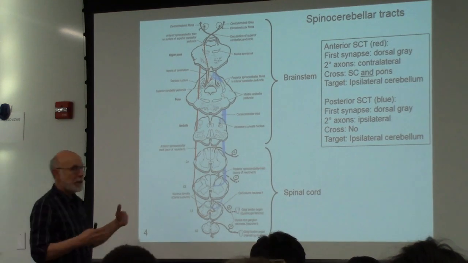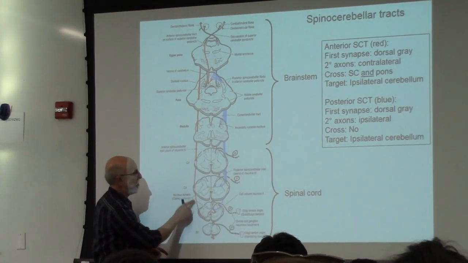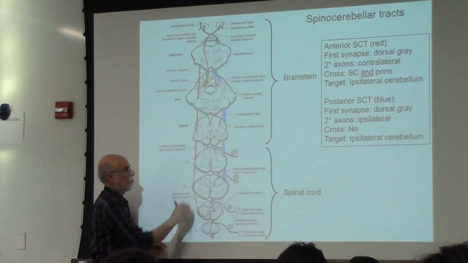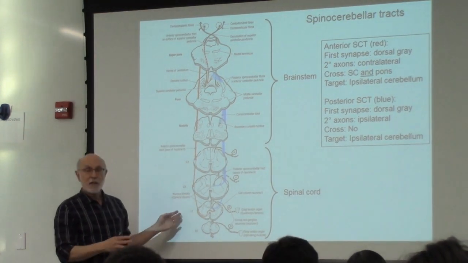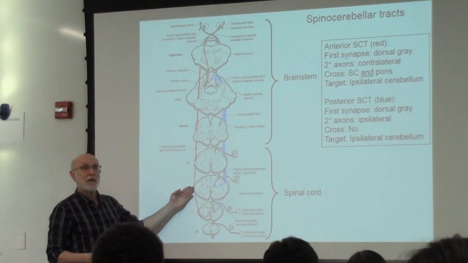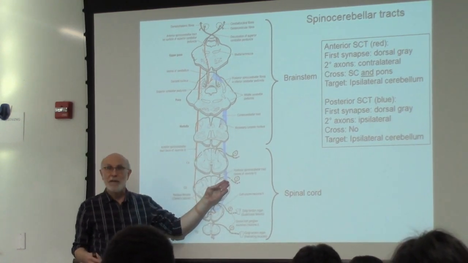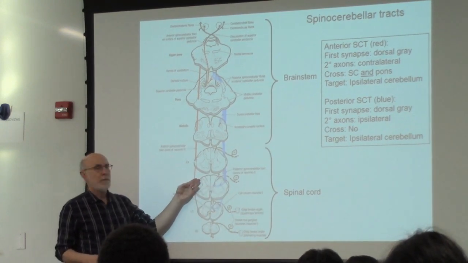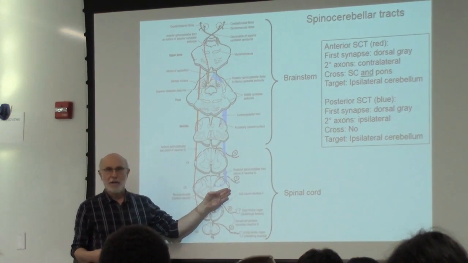There is an anterior spinocerebellar tract, and a posterior spinocerebellar tract. And in this cartoon, the anterior is cartooned on the right side, and the posterior is cartooned on the left side. But of course, there is a right posterior and a left anterior as well, right?